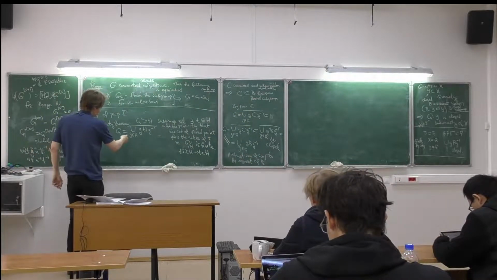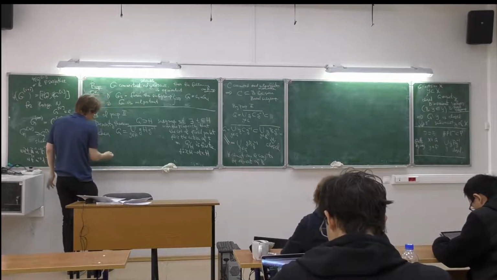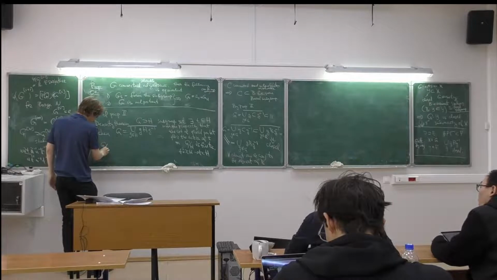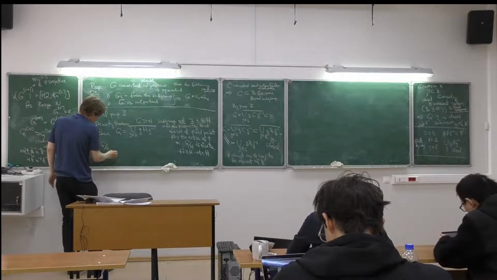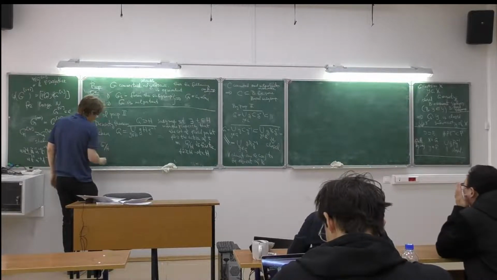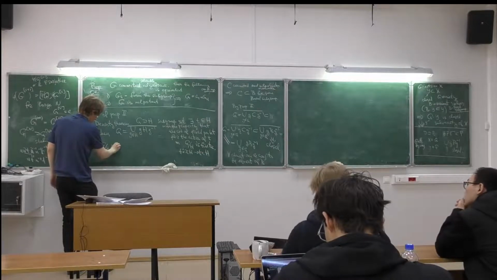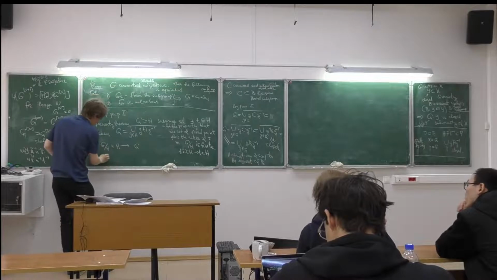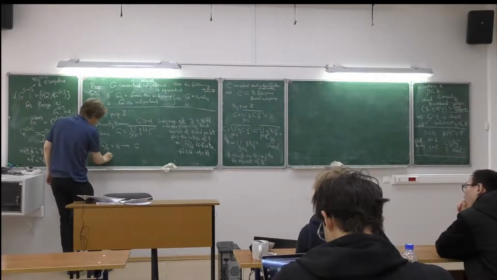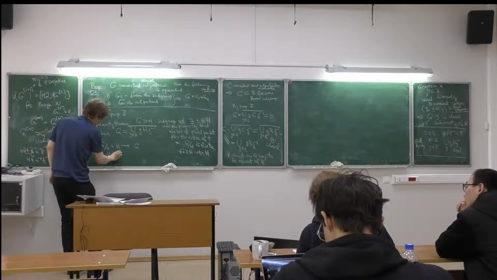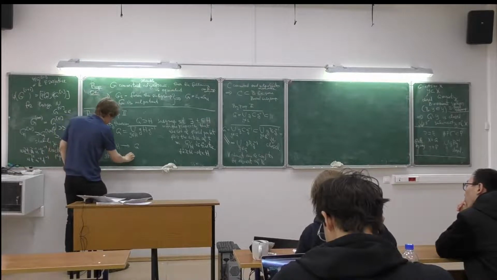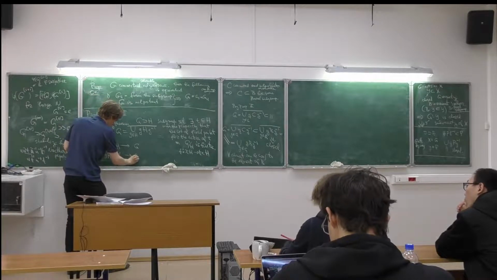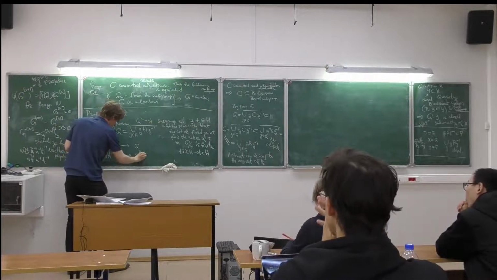There was a map from G mod H times H to G, that takes the coset and takes the element and acts by the representative of this coset on the element.